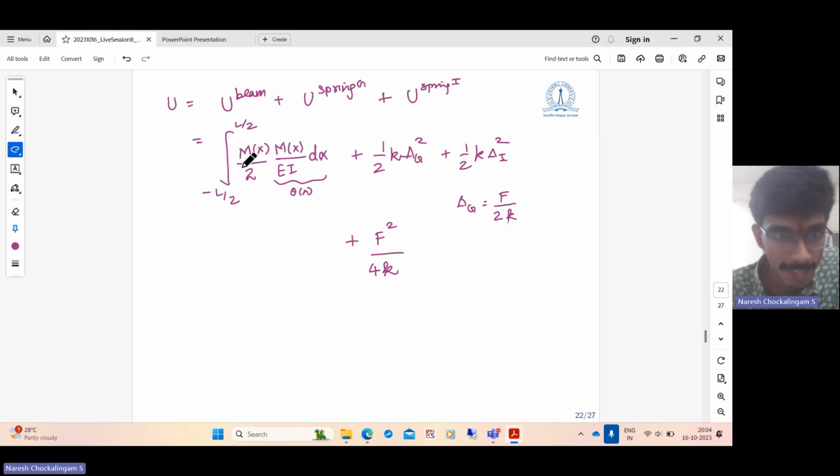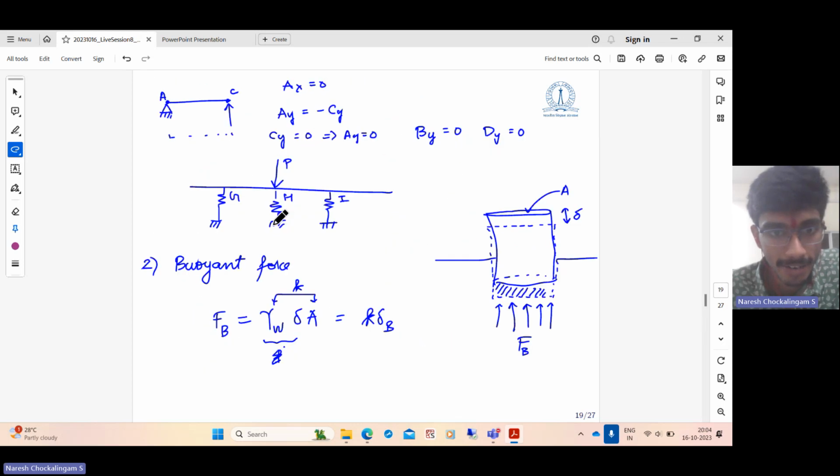And this bending moment, it is easy to integrate. Again, we can see the integrand is an even function. It is the square of the bending moment, and the bending moment itself is linear.